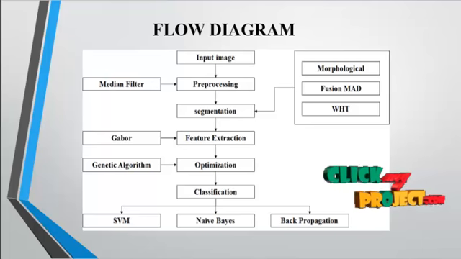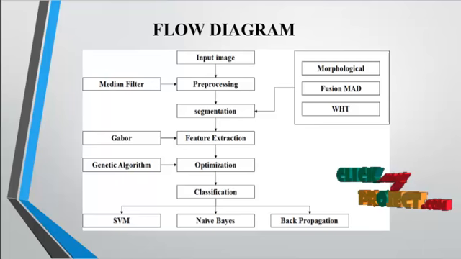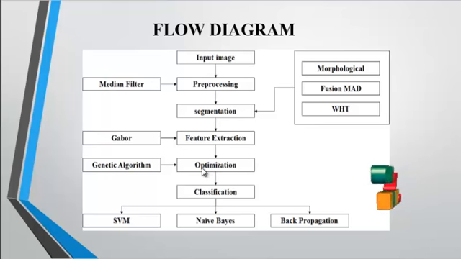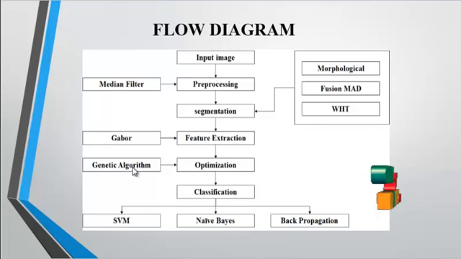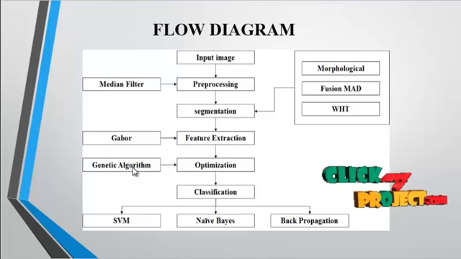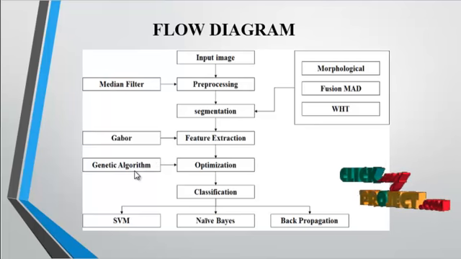After getting the feature values by the Gabor feature extraction method, the optimization is carried out. In the optimization process, we implemented the genetic algorithm for feature optimization. On the other hand, it is represented as a feature selection method. The most stable features are selected by using the genetic algorithm.